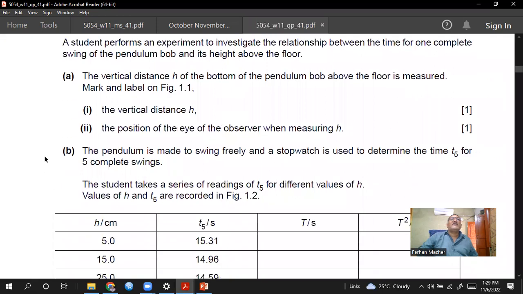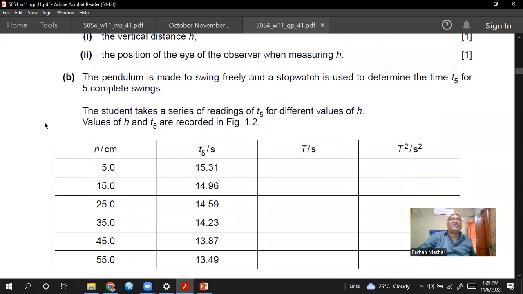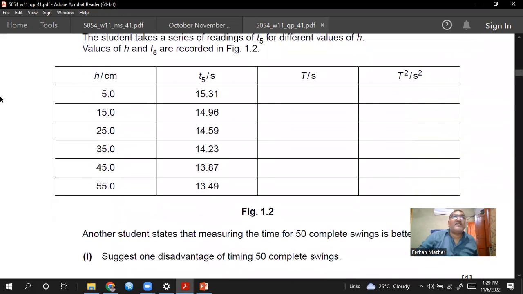Now they're saying that the pendulum is made to swing freely, and a stopwatch is used to determine the time for 5 complete swings. T5 means time for 5 swings. The student takes a series of readings of T5 for different values of h. The values of h and T5 are recorded in figure 1.2.